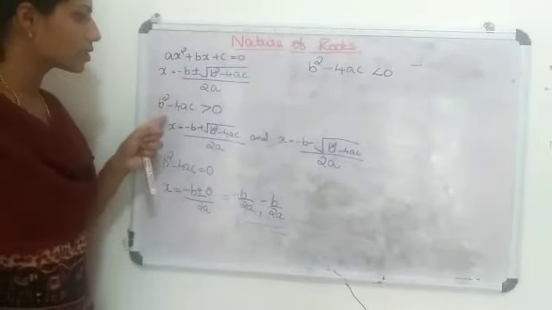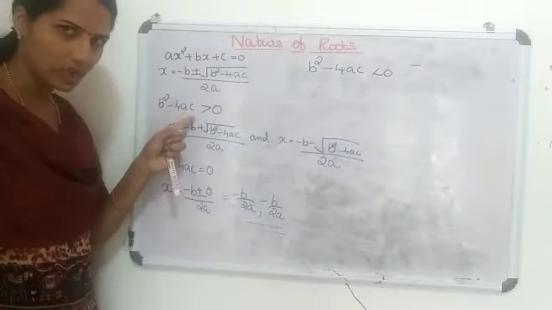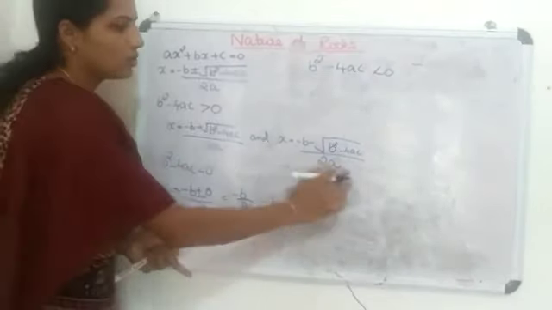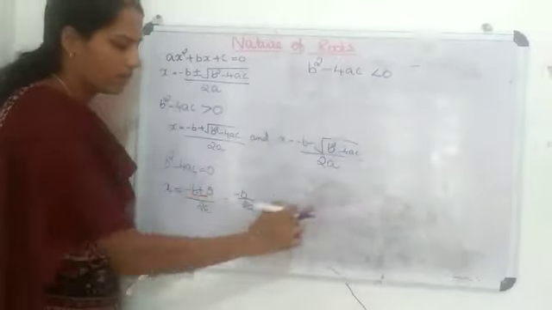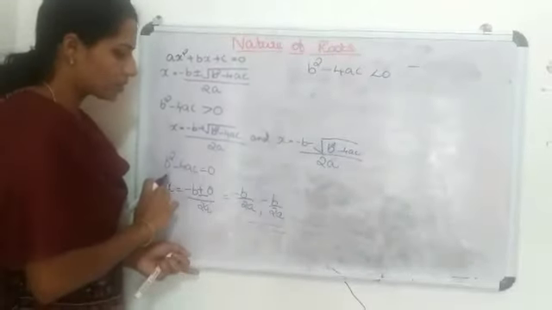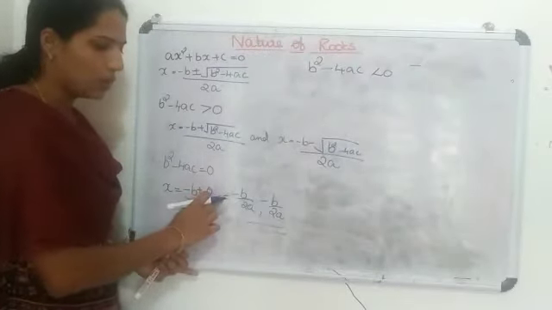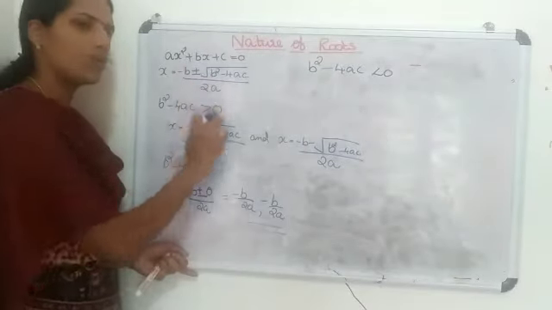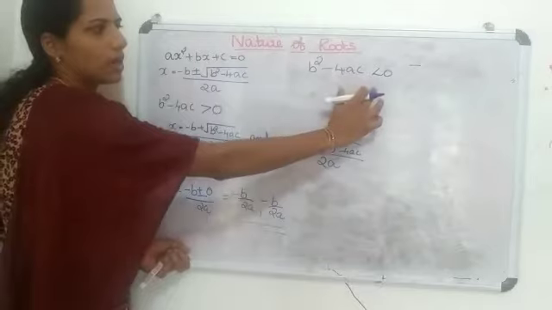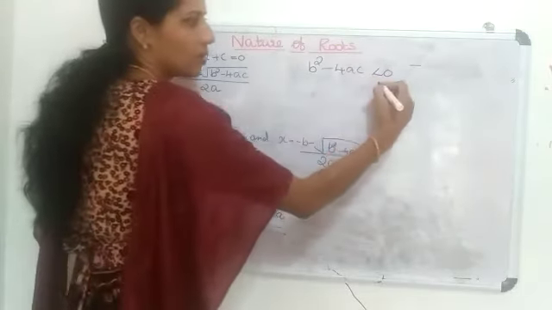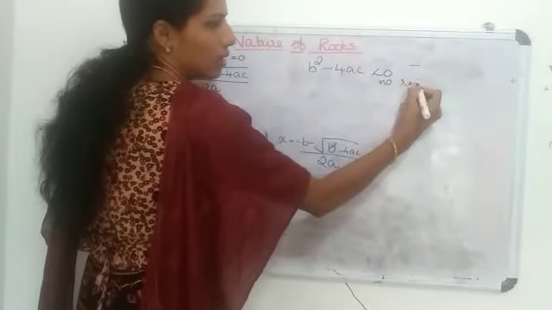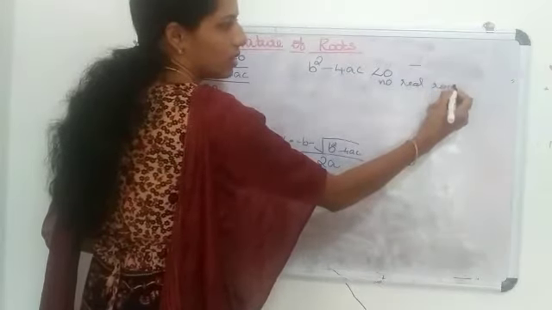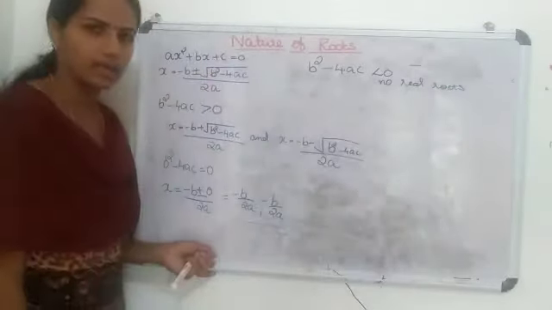First, when b square minus 4ac is greater than 0, we have two distinct real roots. When b square minus 4ac equal to 0, we get two equal roots. When b square minus 4ac less than 0, it has no real roots.